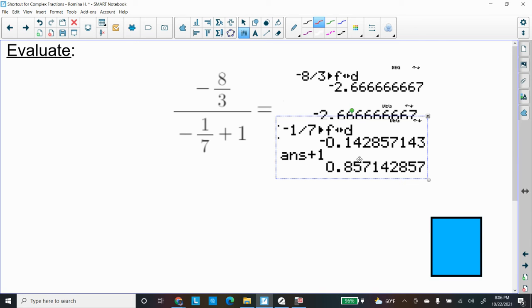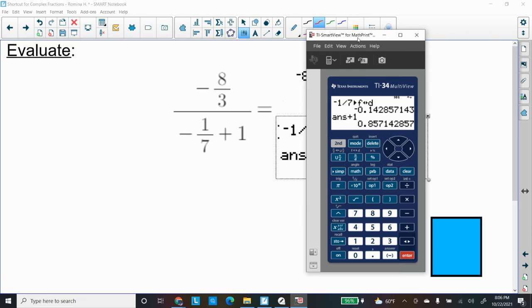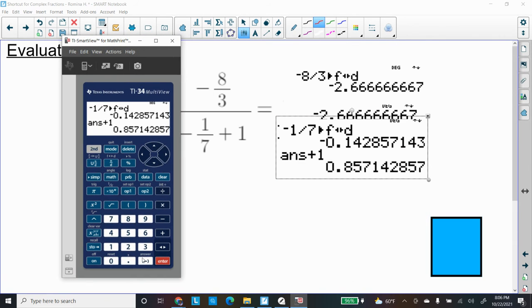The only bad thing about dealing with decimals is that sometimes you can run into a nasty decimal and then you have to divide it. So that's another way around it. I recommend my first trick because if I have to divide this, yuck, it's not going to be pretty. Let me try and divide it. My first number was negative 2.666666667.